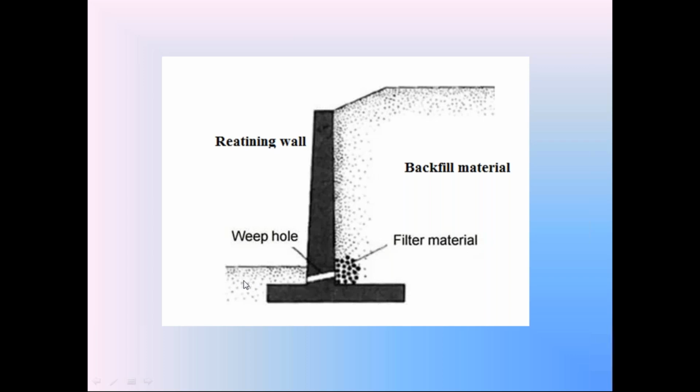Please everyone observe this carefully. Even if the retaining wall moves slightly towards the left side, a little bit of movement, less than 1 centimeter, even less than 1/10 of a centimeter, that is also sufficient.